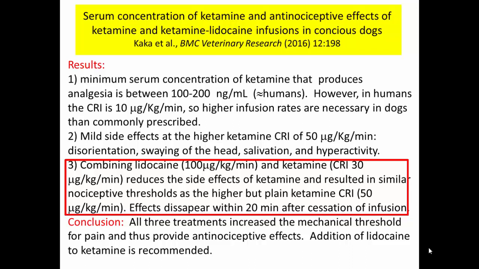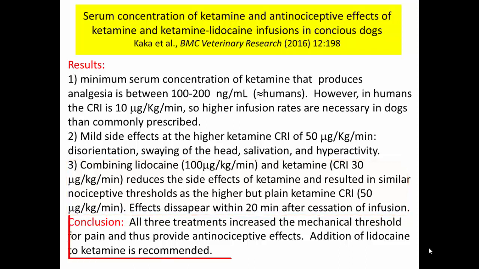So basically the analgesic effects were very short-lived, and they disappear within 20 minutes of ceasing that CRI. And that's one of the reasons why they need to be constantly infused.